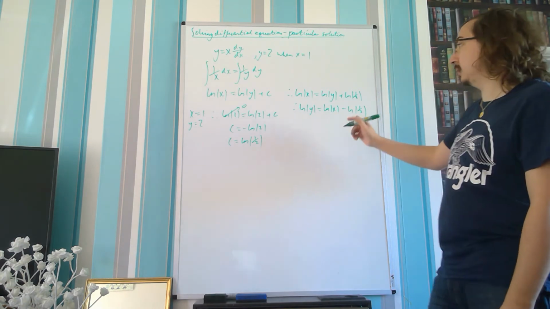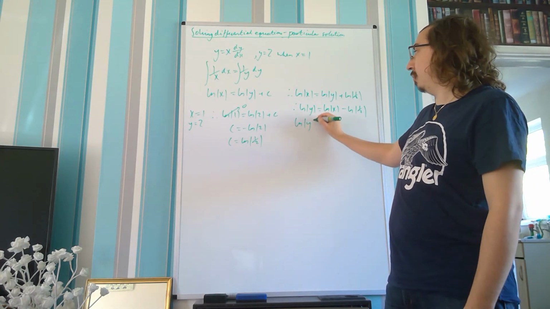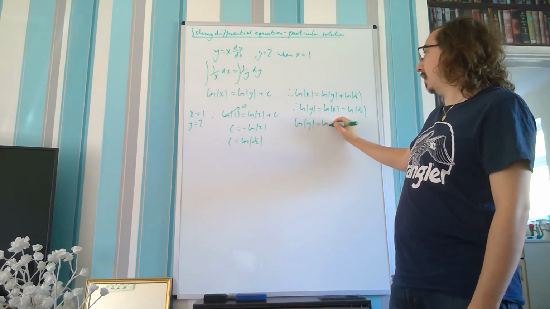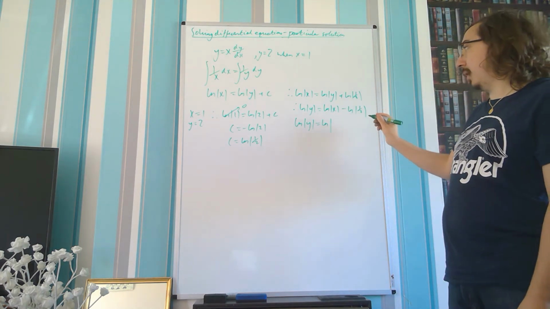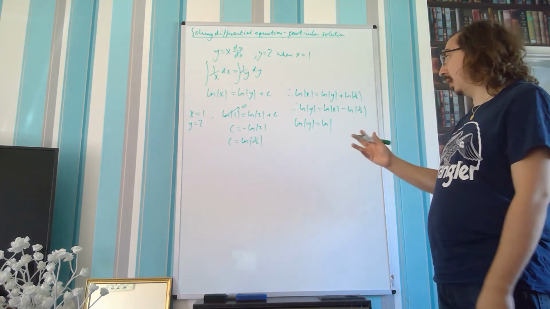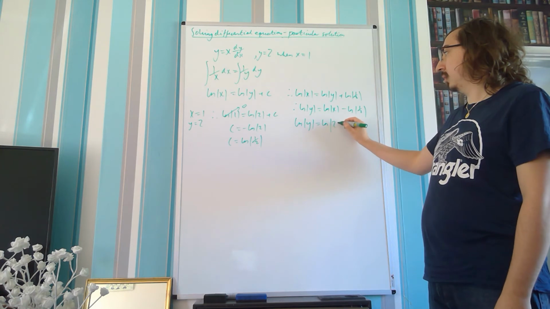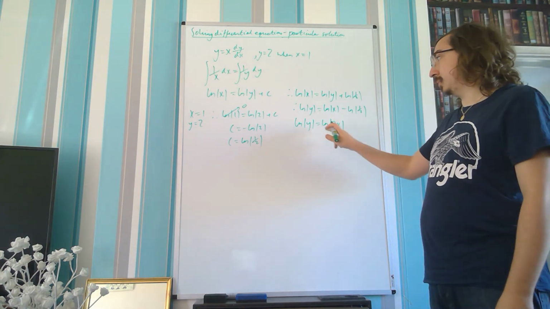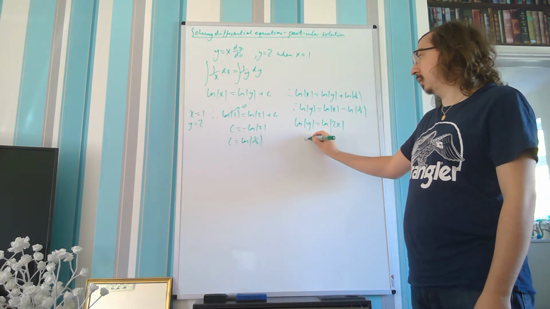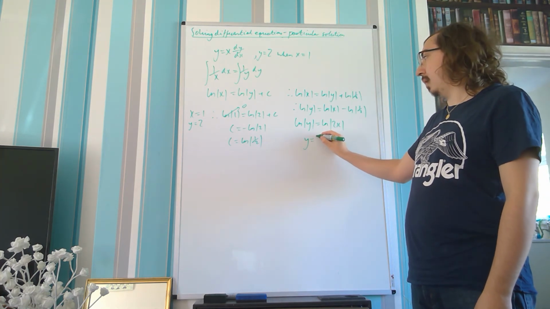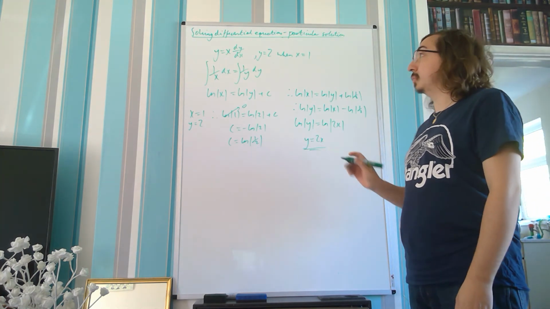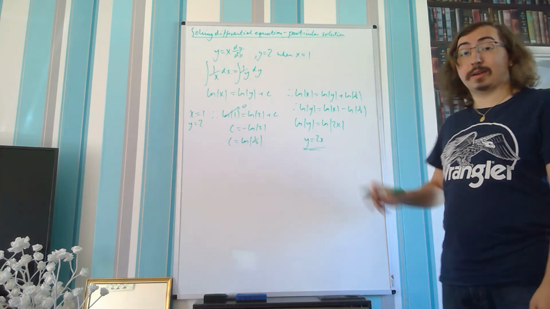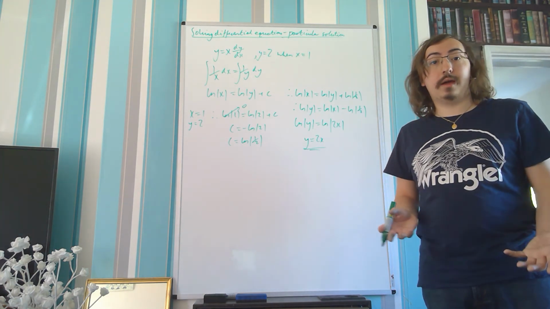The minus means that we have ln y is equal to ln x divided by a half, and if you divide by a half, that's times 2. So we can write that as ln 2x, taking the exponentials of both sides, and you're just left with y equals 2x, which is very nice because that is just a straight line.